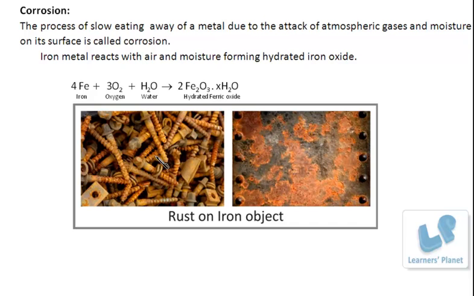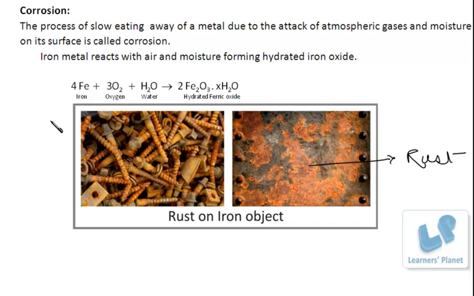See, these are iron nails which, when exposed to moisture, have a brown colored substance accumulated on them. Likewise, this is a part of an iron bridge on which rust has accumulated. This brown colored substance which is formed is called rust.